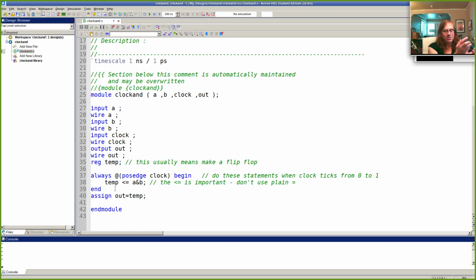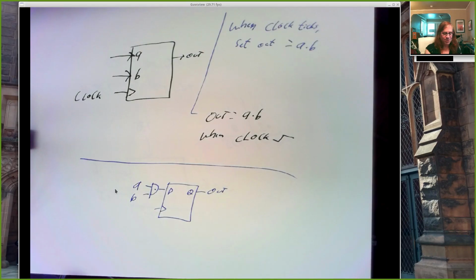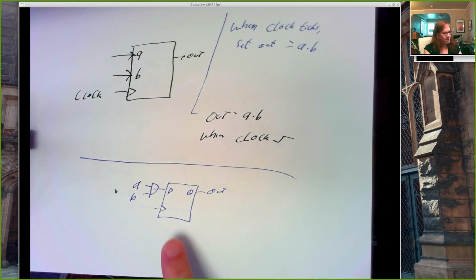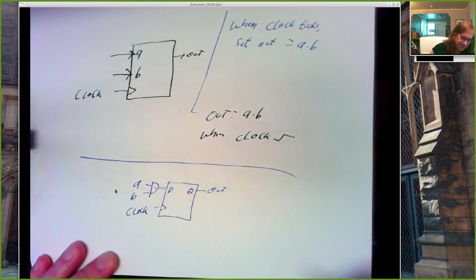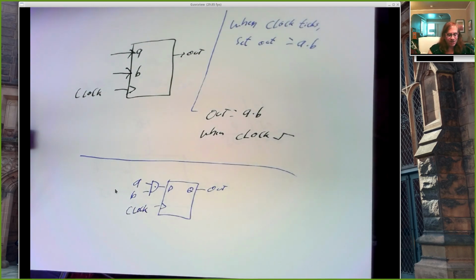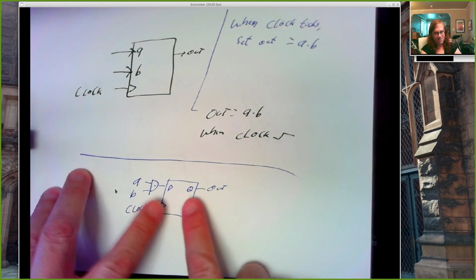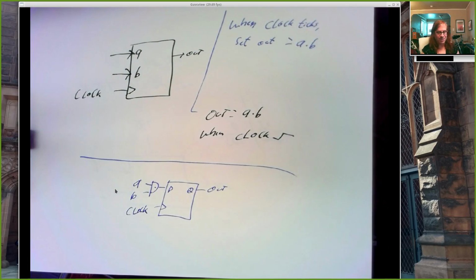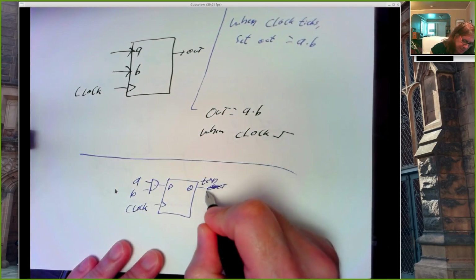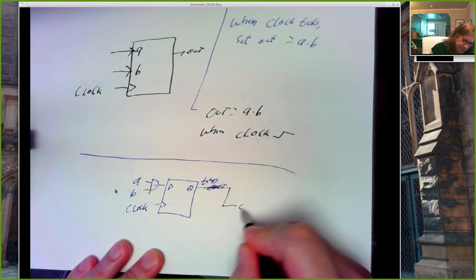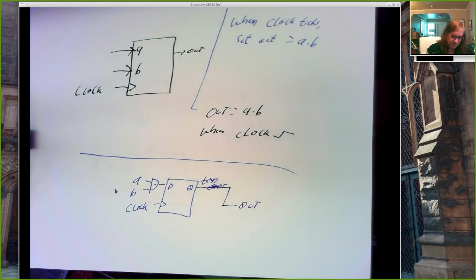And what will this actually turn into in hardware? Sometimes you can make an educated guess, but it's going to be something pretty close to this, right? Clock is certainly going to feed the input of a flip-flop. It's probably going to be a D flip-flop, and the D input will probably be fed from A and B. This will be temp, and it'll also be out.